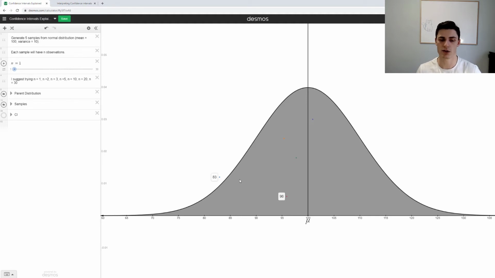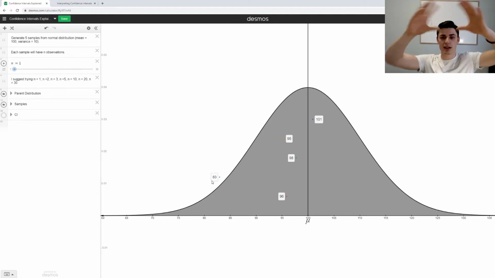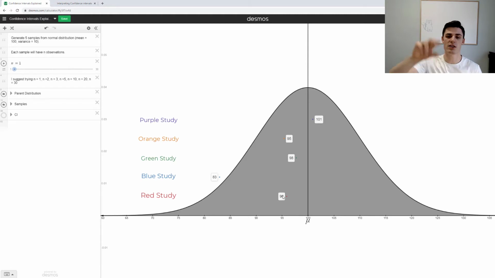This person in the blue study had an IQ of 83, and the green study 98, 95, and 101. So this 83 here is actually pretty far from average, but this is why it's called a random variable. On average, most of them are going to be close to 100, but there is some variation. It's a random variable and it should roughly resemble the bell curve. The height of these points is just to separate them, you'll see, so don't worry about it.